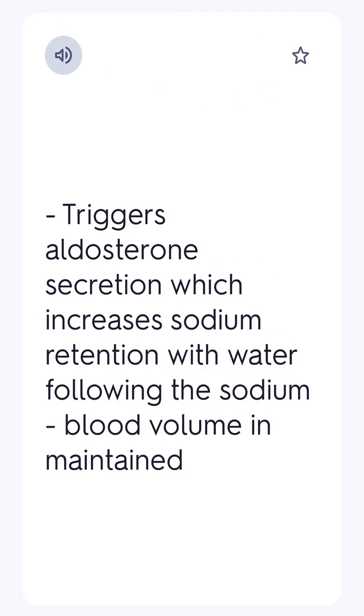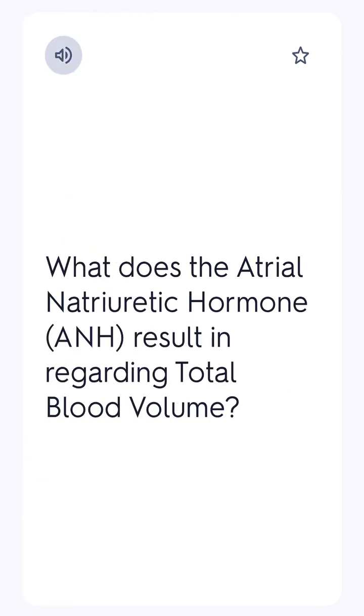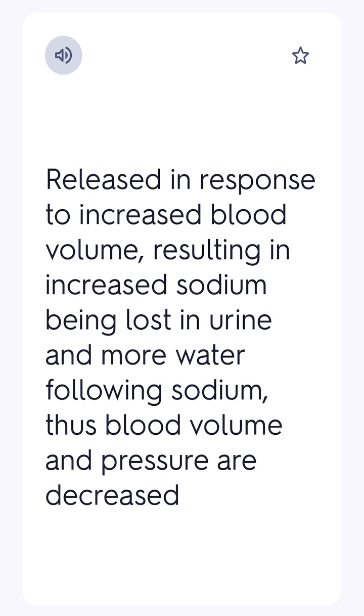Triggers aldosterone secretion which increases sodium retention with water following the sodium, blood volume is maintained. What does the atrial natriuretic hormone result in regarding total blood volume? Released in response to increased blood volume, resulting in increased sodium being lost in urine and more water following sodium, thus blood volume and pressure are decreased.